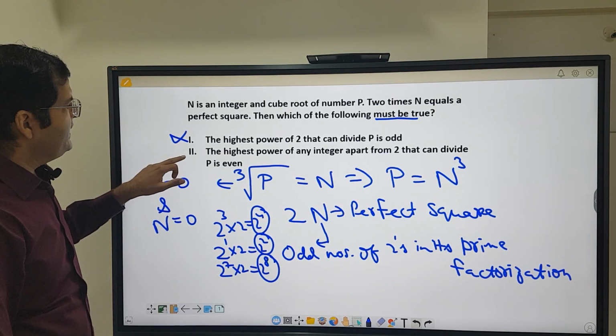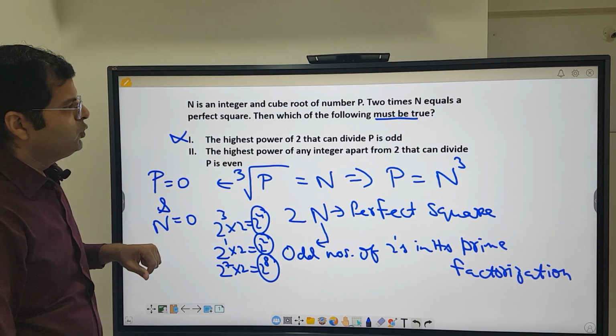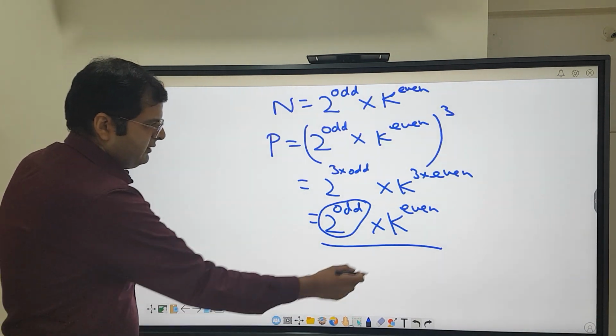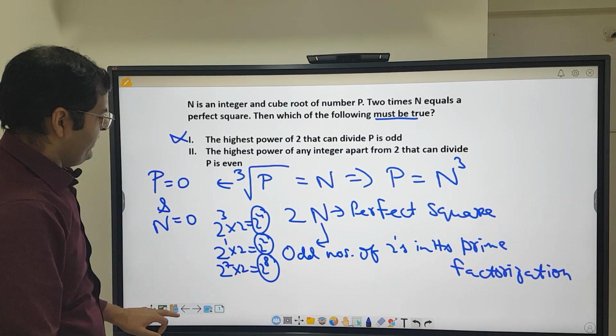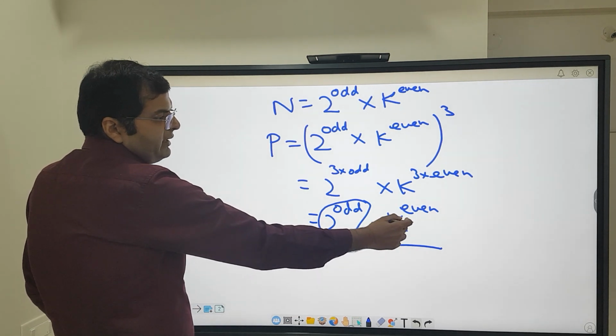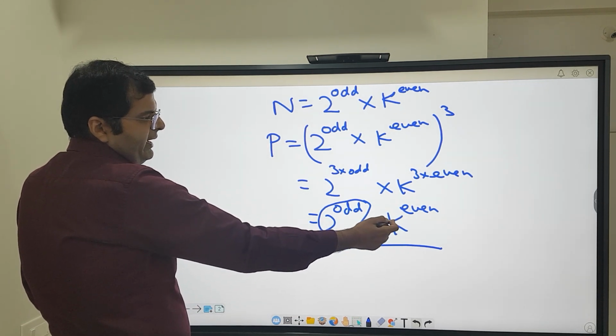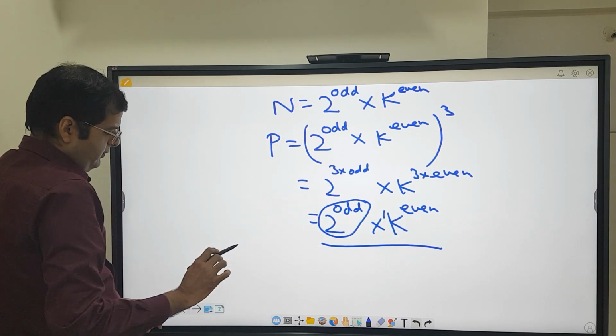Now it says the highest power of any integer apart from 2, which is this k, that can divide p is even. Now over here we see that the highest power of anything apart from 2 is even, which is true.